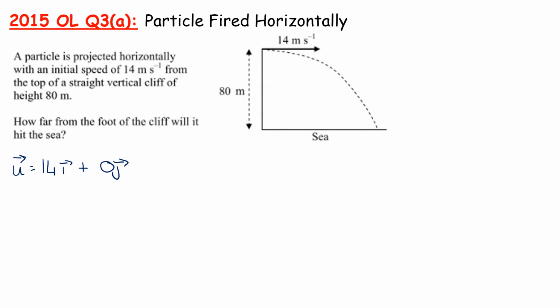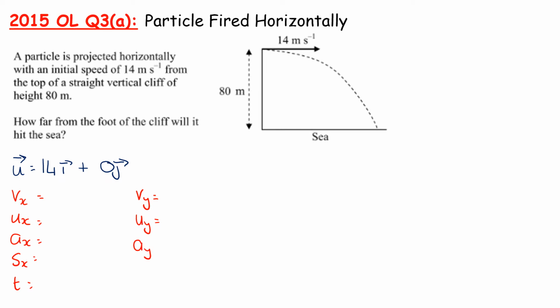When we break this up, let's break our v, u, a, s, t into both x and y directions. What we're going to find is that the 14 is going to stay exactly the same. That doesn't change because there's no acceleration acting on this in a horizontal way. There are no forces acting on this.